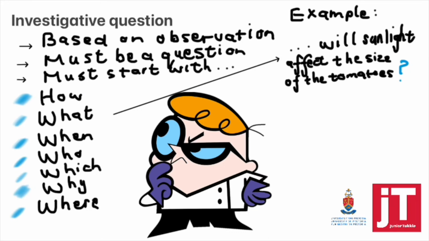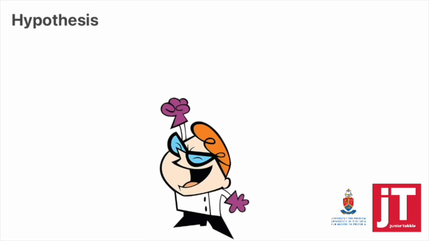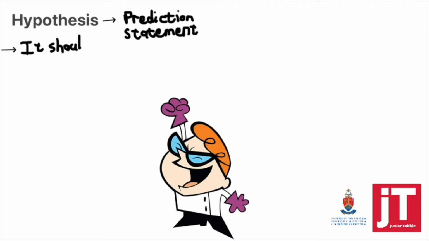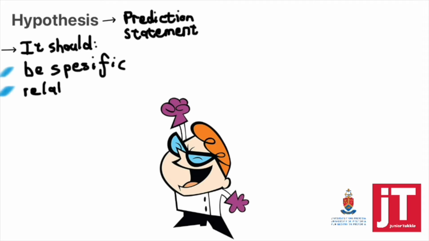Now the next section, we are going to look at the hypothesis. So your hypothesis is a prediction or a statement you make, which is based on what you think will be the outcome of your investigation. So again, there's a specific format to it. So your hypothesis should be specific.